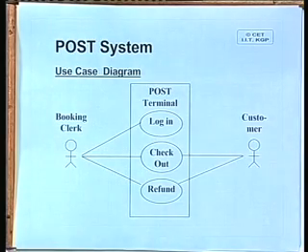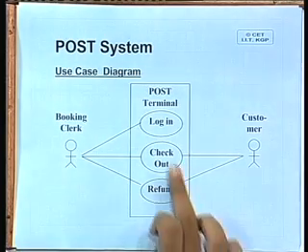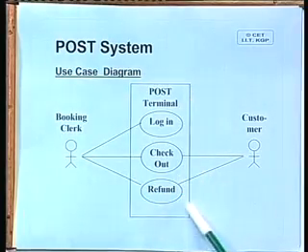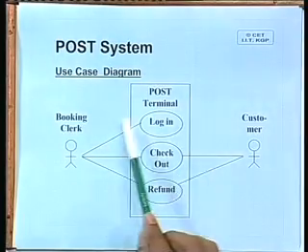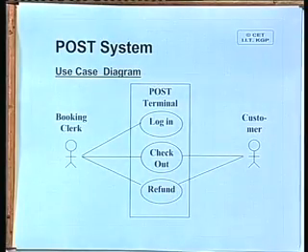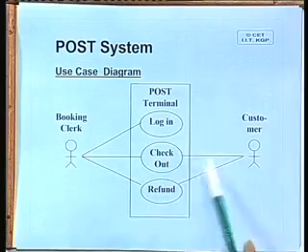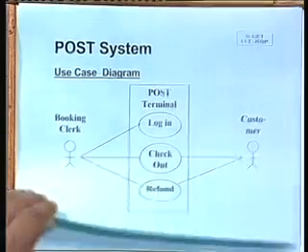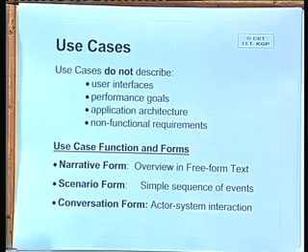So this is a very simple example of a use case diagram, and one can see that we have identified three broad use cases, and we have put them inside a rectangle. This is basically the system in which the use cases are implemented, that is the POS terminal, point of sale terminal. So we'll come back to these examples later.